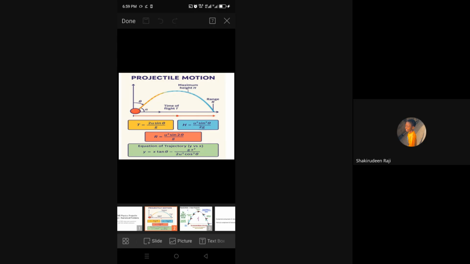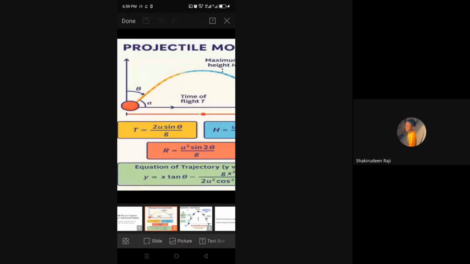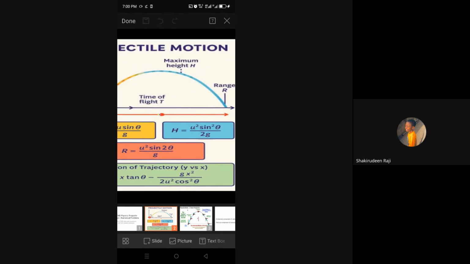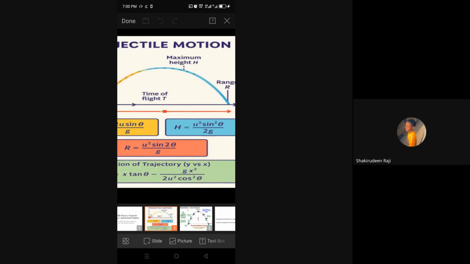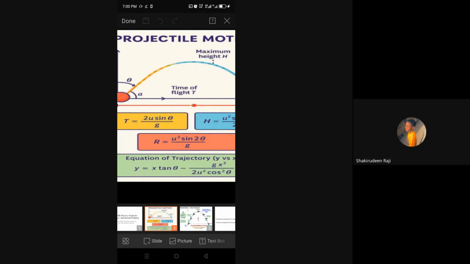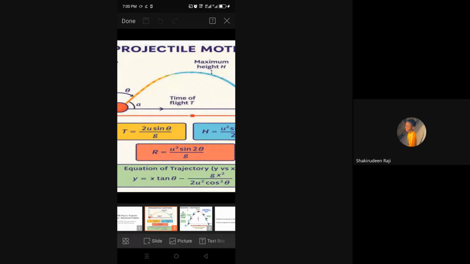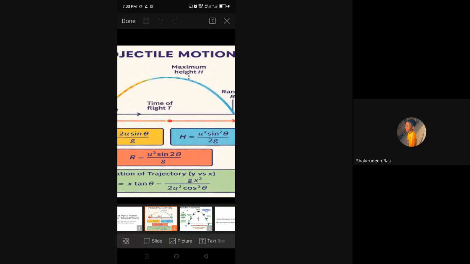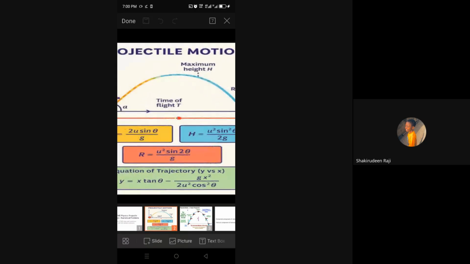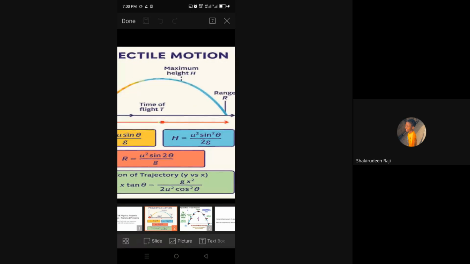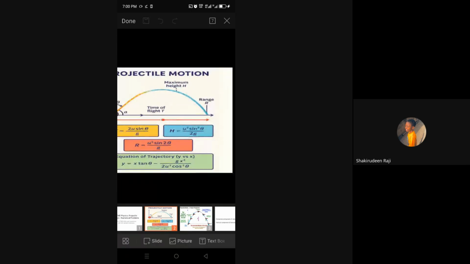You have time of flight, which is your capital T. Time of flight is 2u sine theta over g. Maximum height, u square sine square theta over 2g. Range, u square sine 2 theta over g. This equation of trajectory is not common actually, so they won't ask you for your level. So range, I told you that range is the horizontal distance.